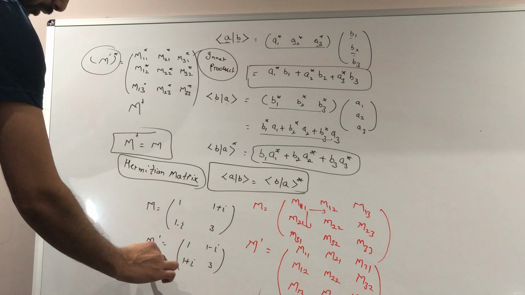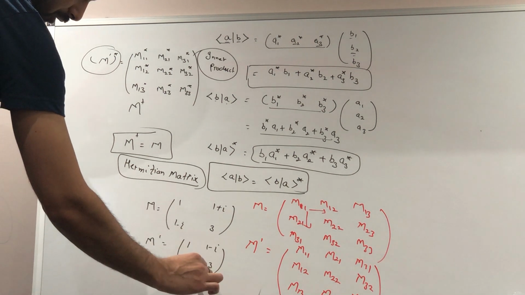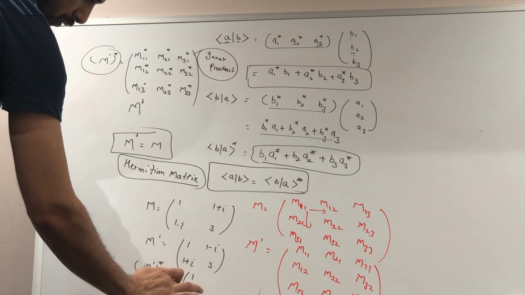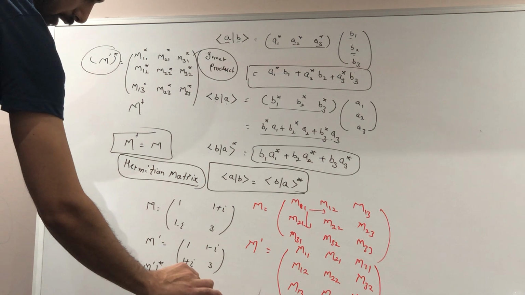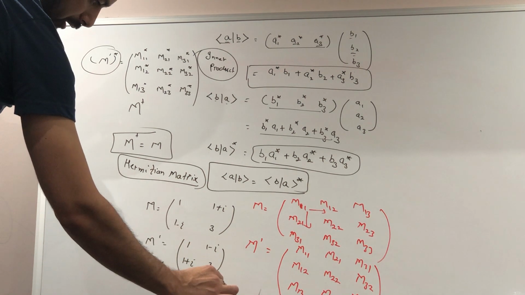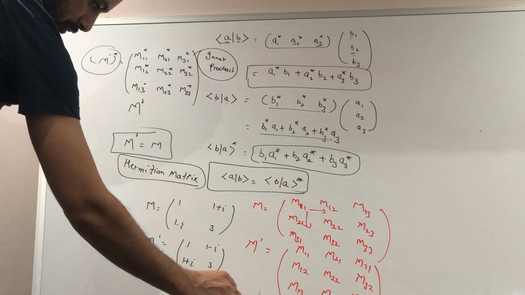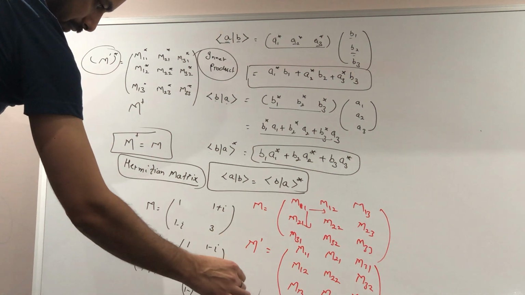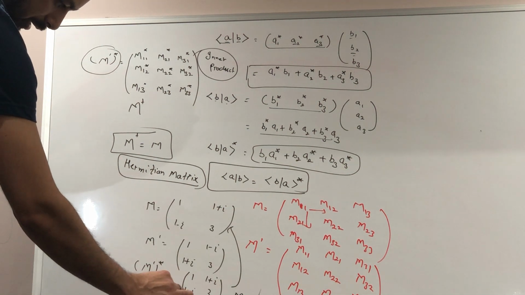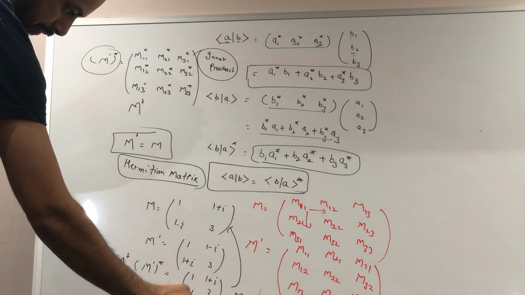Now I'm taking the complex conjugate of this matrix. 1 is a real number, it will remain as such. So 1 plus iota will be changed to 1 minus iota, its complex conjugate. 1 minus iota will be 1 plus iota, and 3 will remain as such as it's a real number. So you see here, this matrix is again the original. So in this case, M dagger is equal to M here.